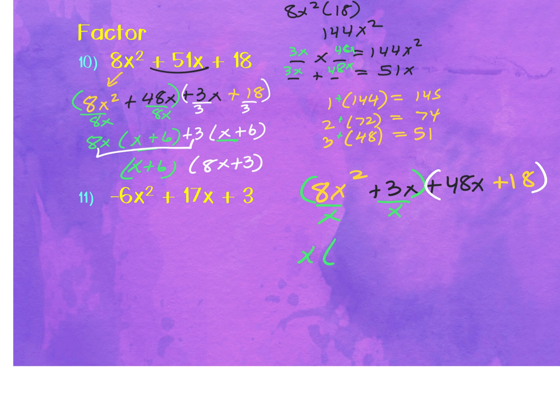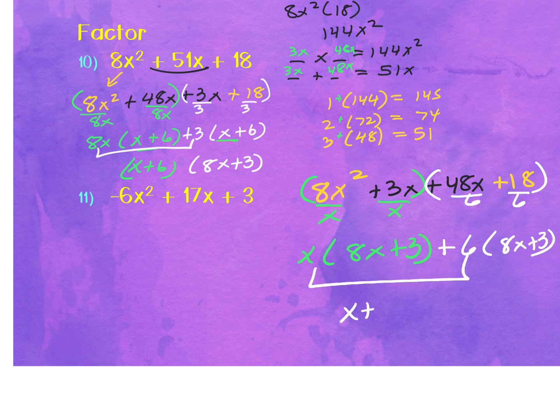So once I divide, I get 8x plus 3, and then my GCF of the white group is going to be 6. And then you still get 8x plus 3. You just put the x plus 6 and then the one in common. Does that make sense? So it doesn't matter.